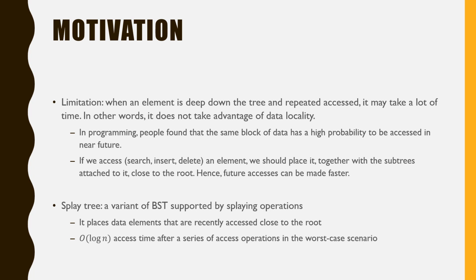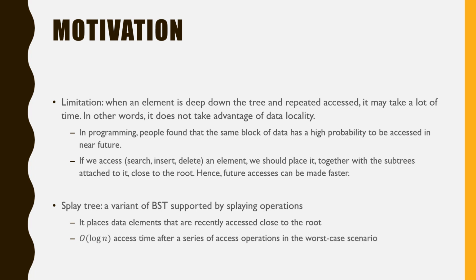For example, accessing a variable in consecutive lines of code, or iterating through adjacent data elements in a for loop. In an AVL tree, if the data being accessed is located in its lower levels, repeated accesses of the data and its neighbors may become very slow, despite the time complexity still being O(log n).